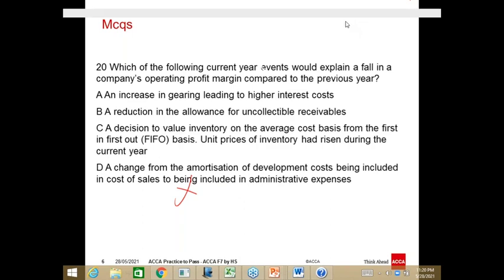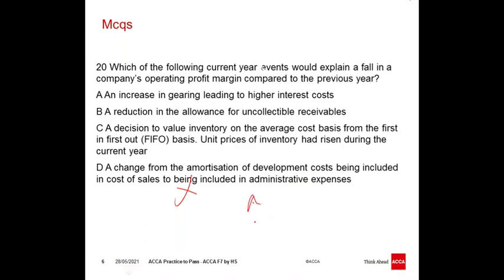A decision to value the inventory on the average cost basis from first in first out. So you are moving from first in first out to weighted average. You should keep this point in mind that in times of rising prices, FIFO will give the maximum profit.